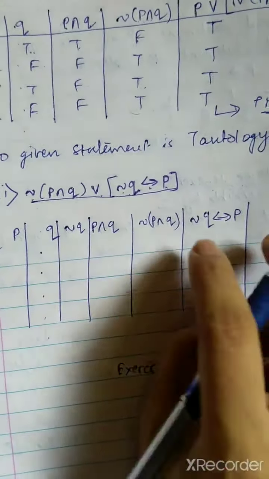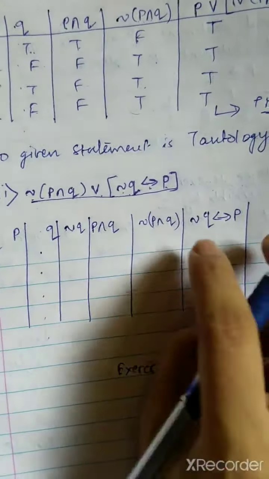Next will be Q: true, false, true, false. Negation of Q, the complete column's negation: false, true, false, true. P and Q, first two columns: true and true, true. True and false, false, false, false. Now negation of this column, negation of P and Q.